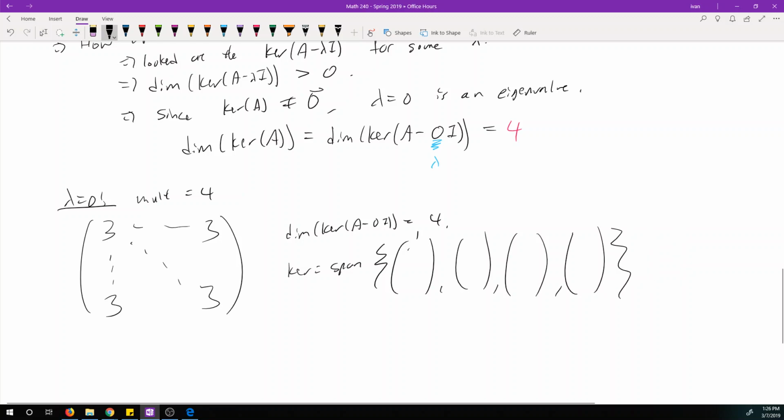It's going to be like 1, -1, 0, 0, 0. That's going to be an eigenvector, because remember, these are all 3's. And then another one's going to be like 1, 0, -1, 0, 0. And then you just keep moving that -1. So then 1, 0, 0, -1, 0, then 1, 0, 0, 0, -1. So now here are 4 eigenvectors for lambda equals 0.